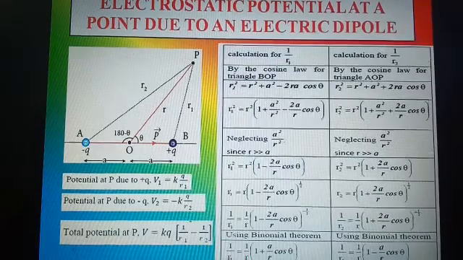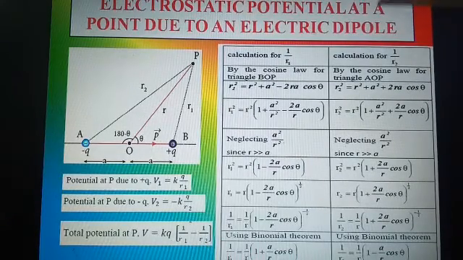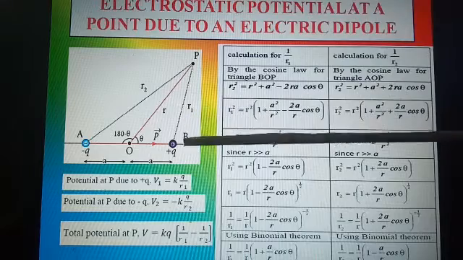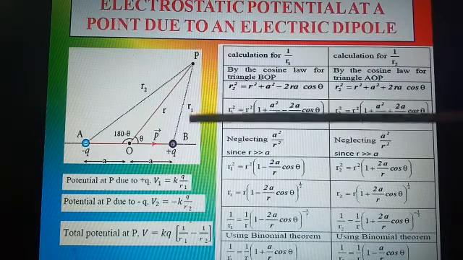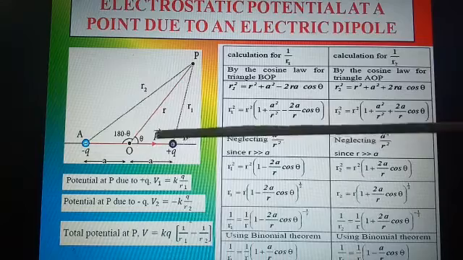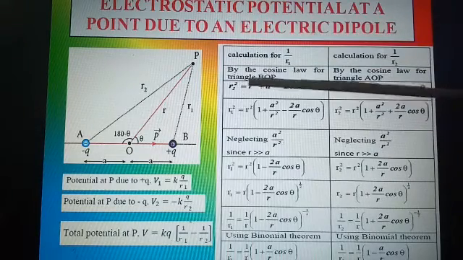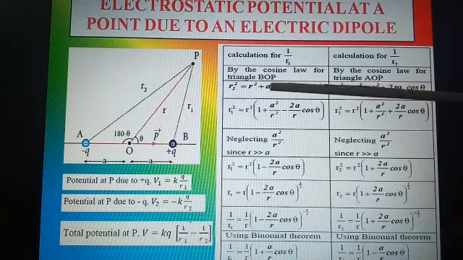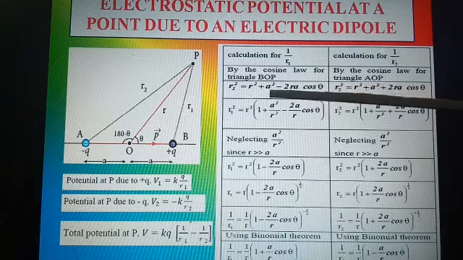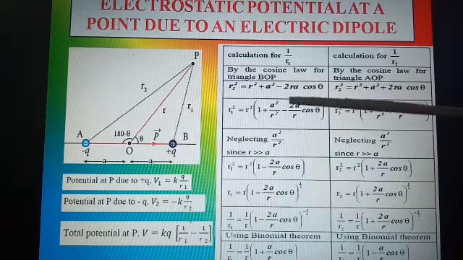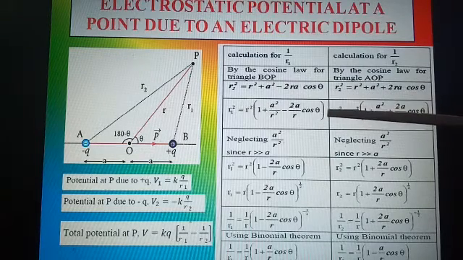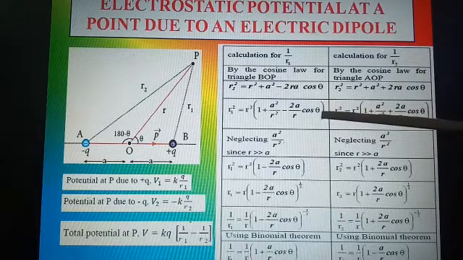By the cosine law for triangle BOP, you see the diagram here, the triangle BOP. You can write the equation R1 square is equal to R square plus A square minus 2RA cos theta. Taking R square common, R1 square is equal to R square into 1 plus A square by R square minus 2A by R cos theta.